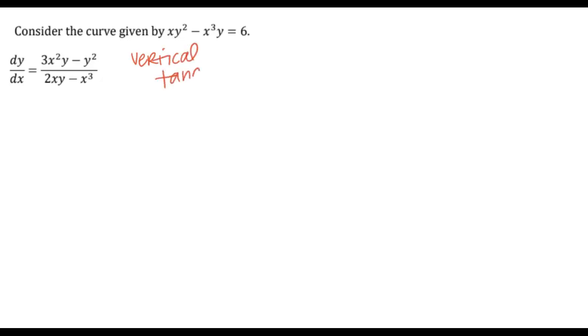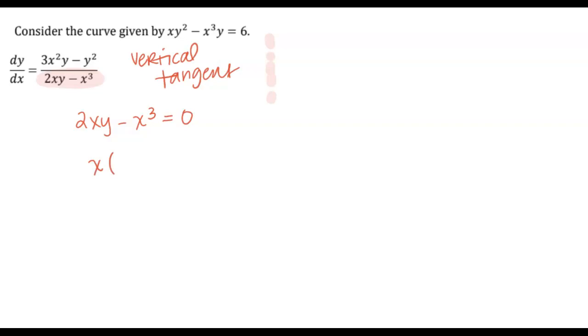All right, vertical tangent line is when our slope is undefined, right? We have the vertical line, which has a slope that is undefined, which is what happens when we divide by 0. So we're going to do the same thing we did before, but with our denominator set equal to 0.